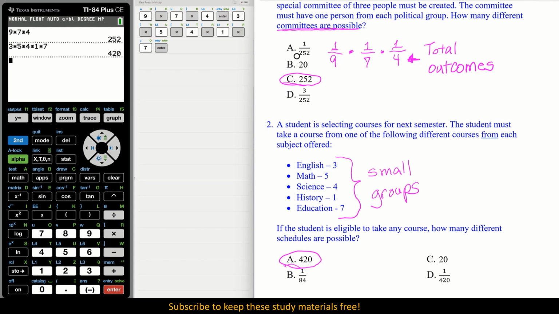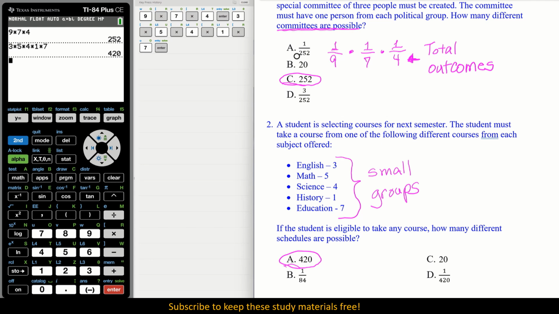We're talking about a bunch of different small groups that I want to turn into one group. I have all kinds of choices, ways that I could create those. You could have math first, or you could have history first. Or I want English first, but I have 3 things I could choose from. That could all look different.